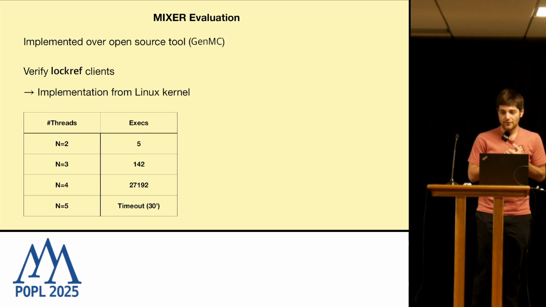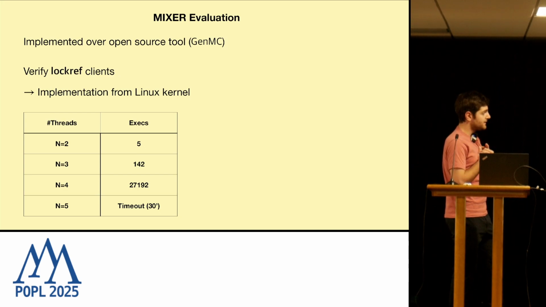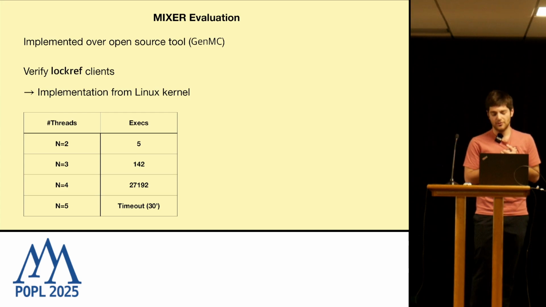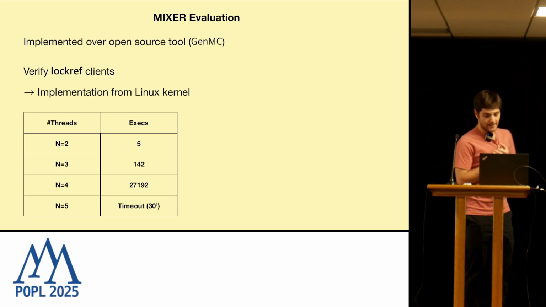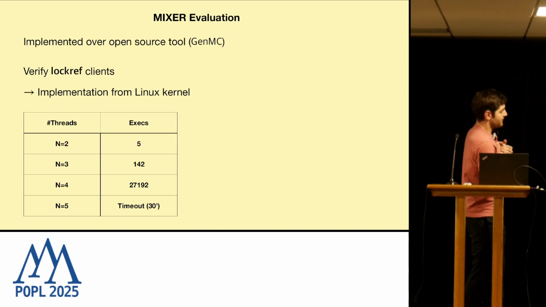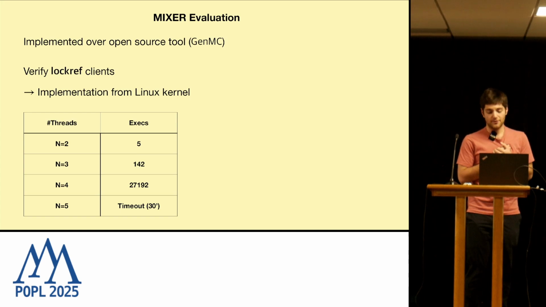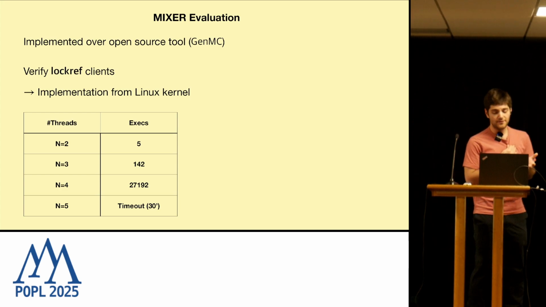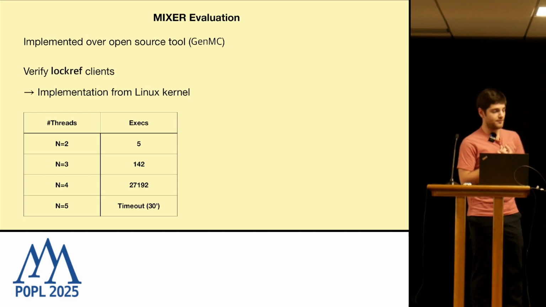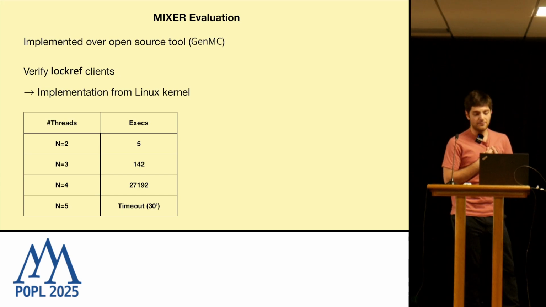Okay, so moving on to the evaluation, we implemented Mixer on top of an open source tool, GenMC, and we used it to verify clients of the qspinlock implementation from the Linux kernel. And here we have one client that is parametric in the number of threads, and we managed to run the tool to verify it for up to 4 threads before timing out at 30 minutes.